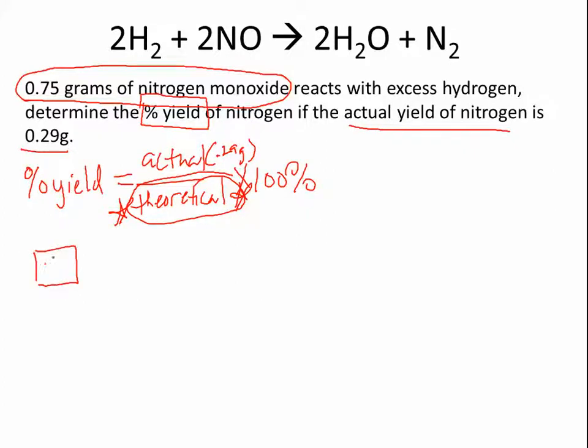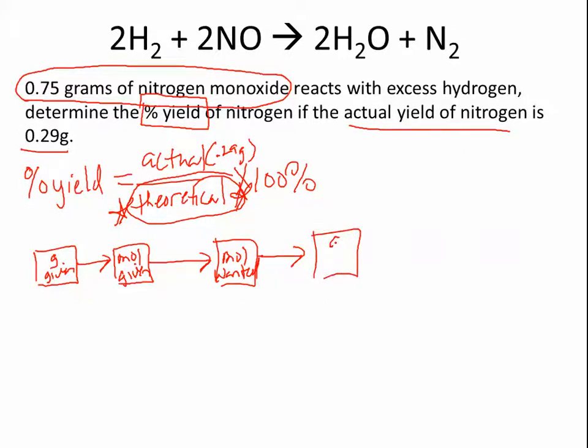So remember, you're going to start with grams given, and then we're going to need to convert that to moles of given. And then we're going to go to our moles wanted, and then convert that to grams wanted. All right?